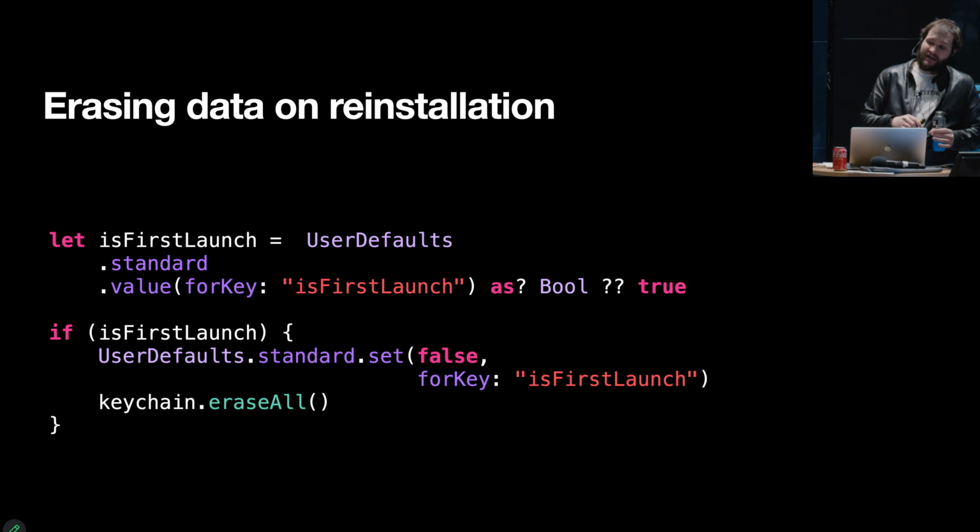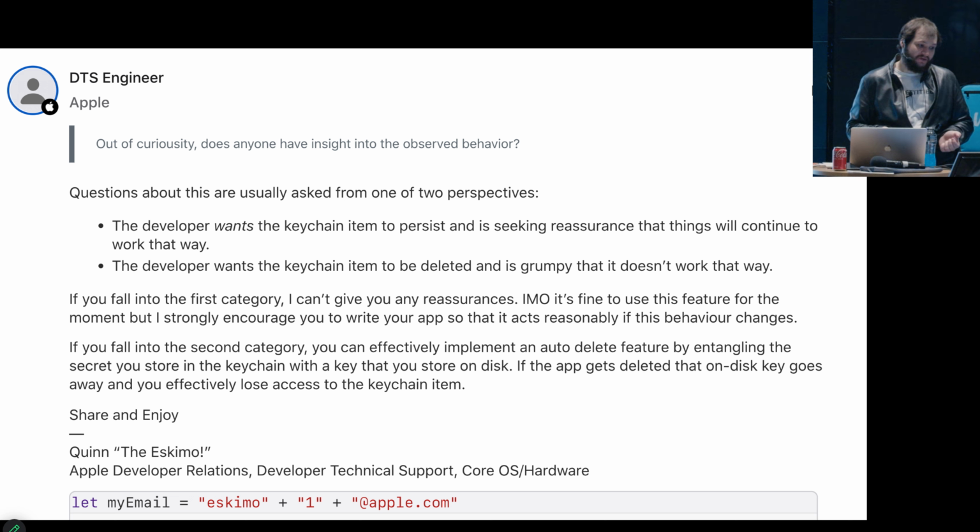Then the app starts to behave unusually because you, for example, store configuration parameters, especially for very big apps where multiple teams are involved. You might see some weird behavior, features being enabled or disabled, because there are some keychain flags that haven't been cleared. And this is actually what the official answer of the Apple engineer is on how to deal with this.